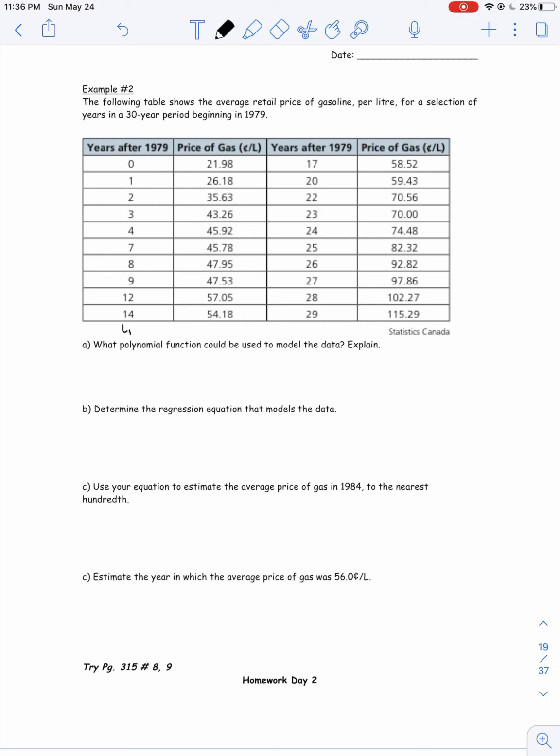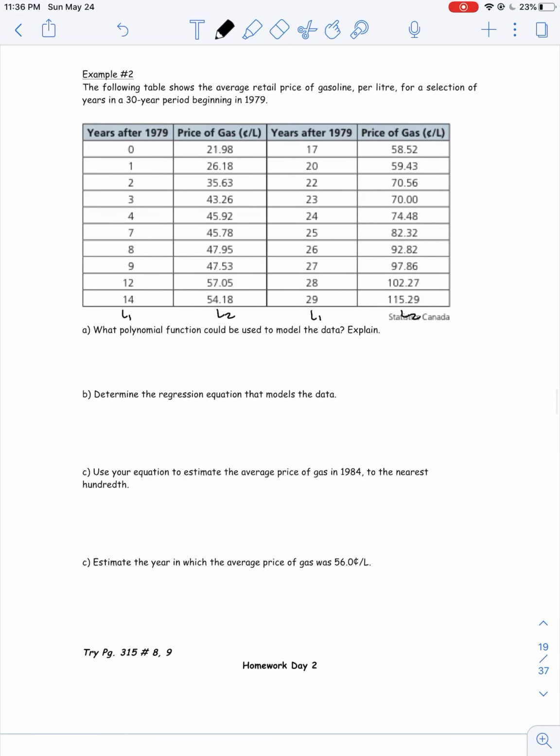Example number 2, you're going to enter the years into L1, and it'll continue here into L1, and then your price of gas will go into L2 and then L2. So they want the polynomial function that's going to model this data. If you were to sketch this, this will actually look like a cubic function.